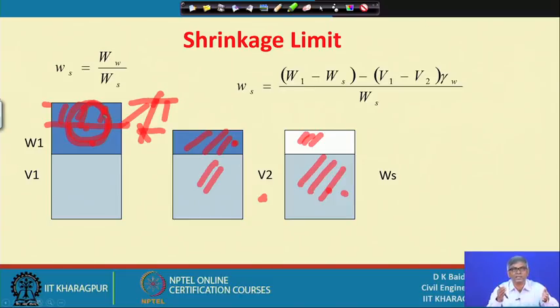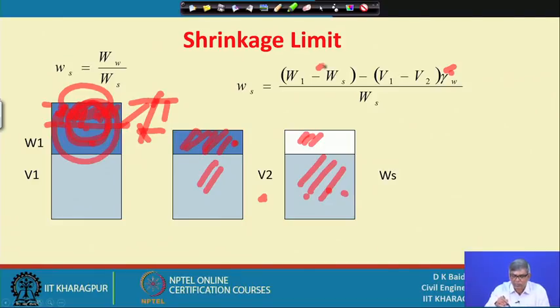The water only was there. So, (V1 minus V2) into gamma W was the weight of water in this zone initially. So, I have this minus this, that means I have got the entire water. Now, this minus this into gamma W, this much water. So, now if I do this minus this, I will get this water.